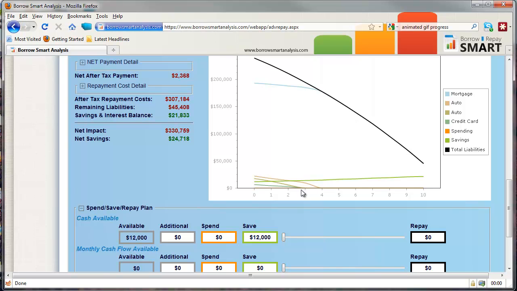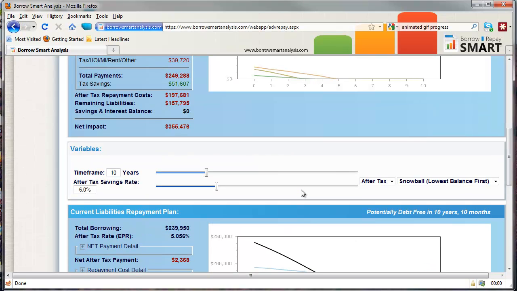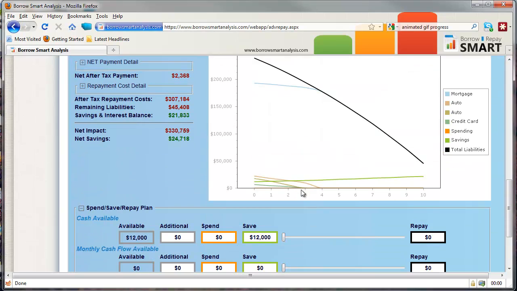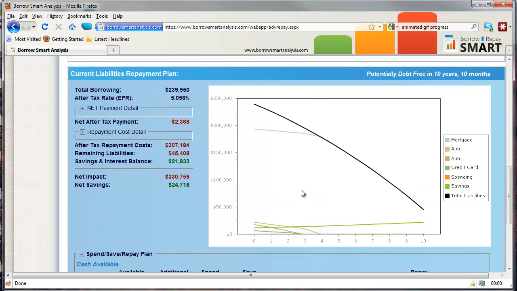Once they're paid off, you've got $600 a month going towards the next car. And you'll notice the curves up here, those debts are being paid off by 5 years. Here, they're all paid off in less than 4. But as those debts are paid off, that extra cash flow rolls to the next lowest balance. And once all these debts are paid off, that gets applied towards the mortgage.